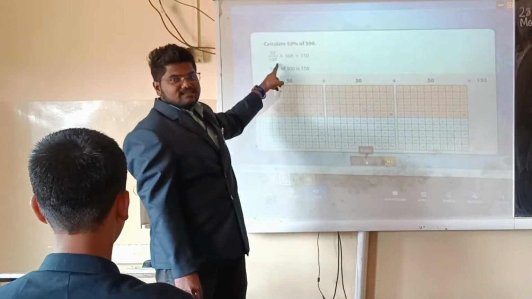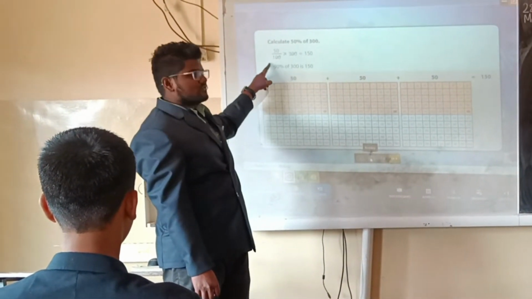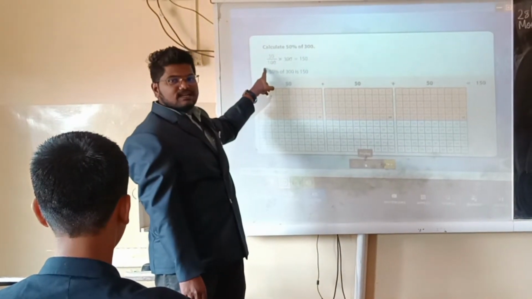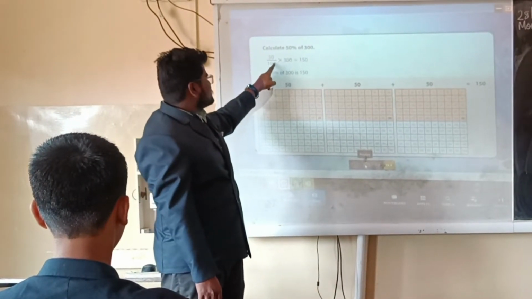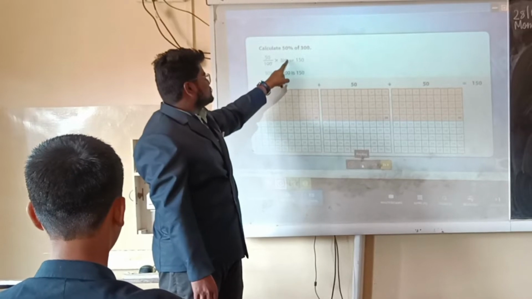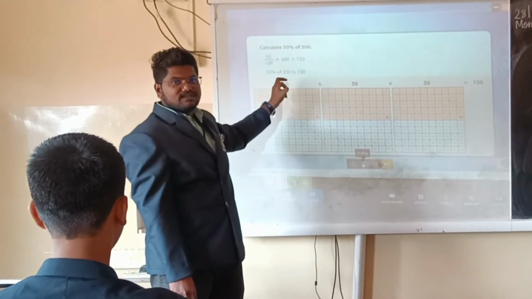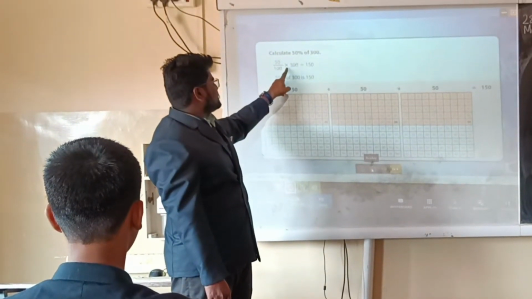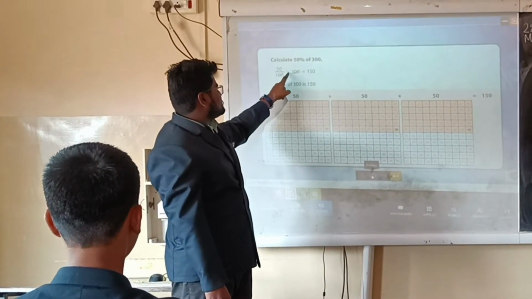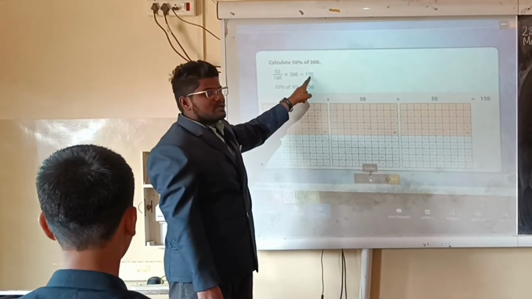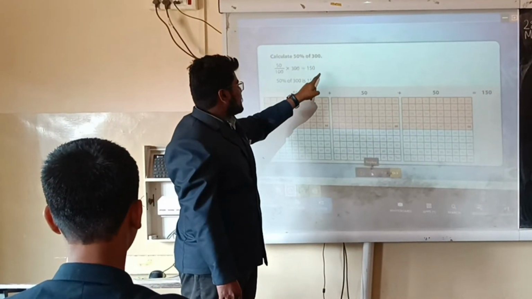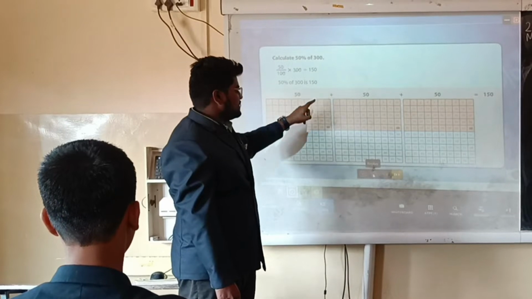So to balance it, we can cut the 2 zeros from the denominator, the whoosh sign that we heard, that was the cutting sign. Okay, 2 zeros from the denominator and 2 zeros from the numerator of 300. So we are left with 50 multiplied by 3, and 50 multiplied by 3 is 150. Therefore, 50% of 300 is 150.